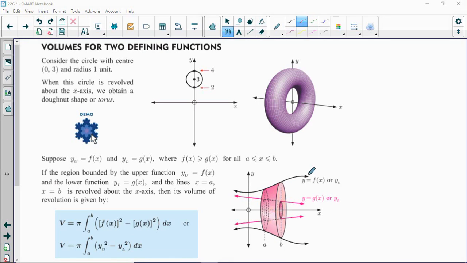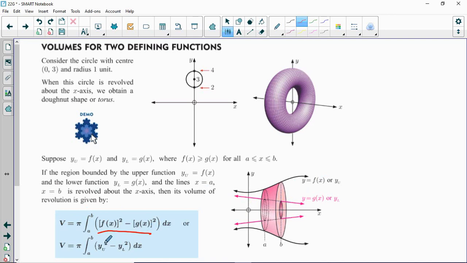You could do pi times, in this case, the integral of f of x squared minus the integral of pi times g of x squared, or usually we just put them together into one single integral, as we see over here, since they both have the exact same endpoints and they're both being multiplied by pi. Just be careful, it's not f of x times g of x all squared, it's f of x squared minus g of x squared.